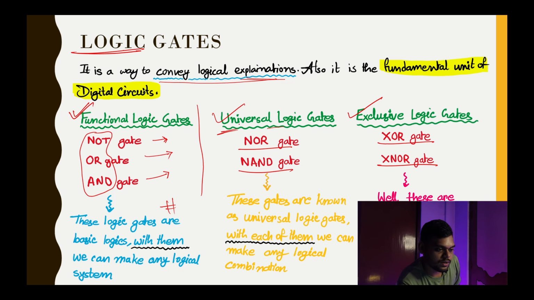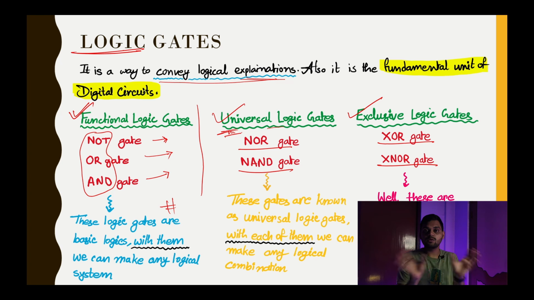Now we are going towards universal logic gates. Why are these logic gates known as universal logic gates? These logic gates are universal because with NOR gate or with NAND gate, you can design literally any logic.